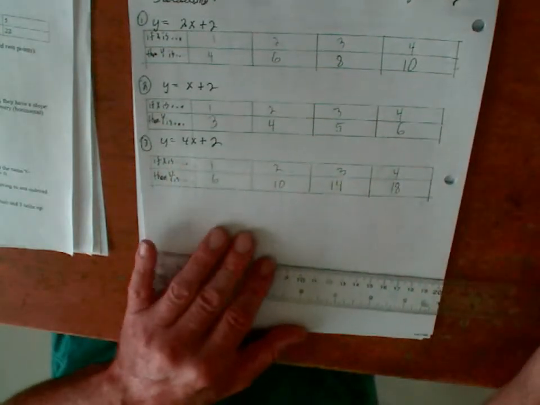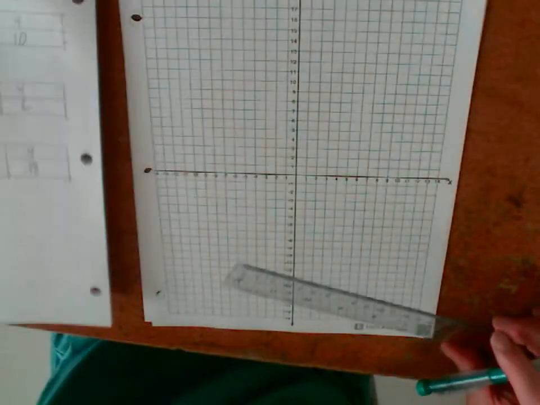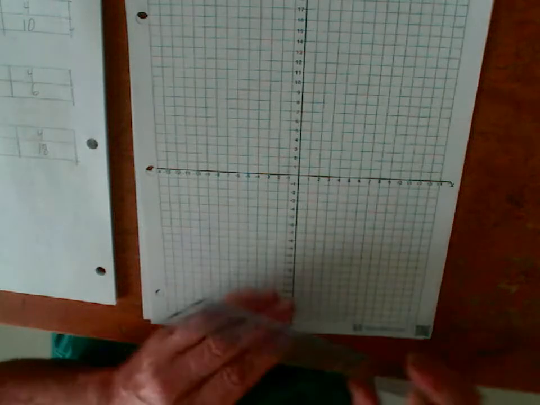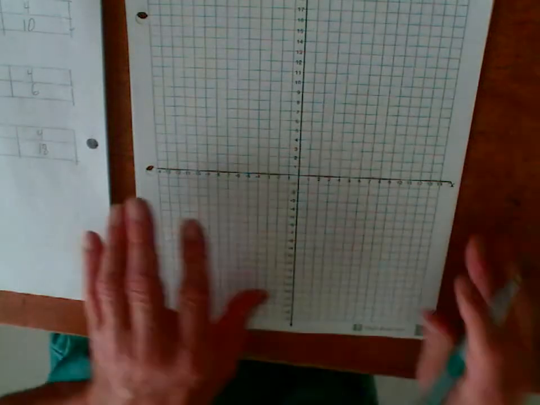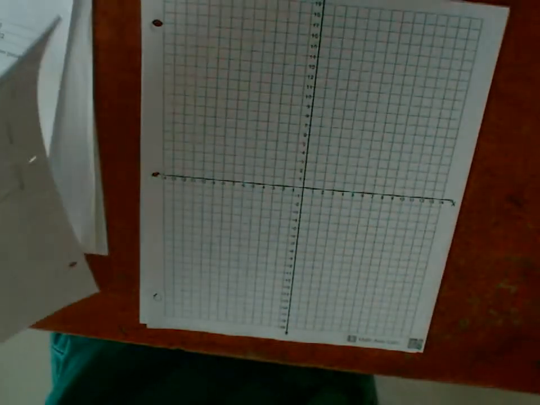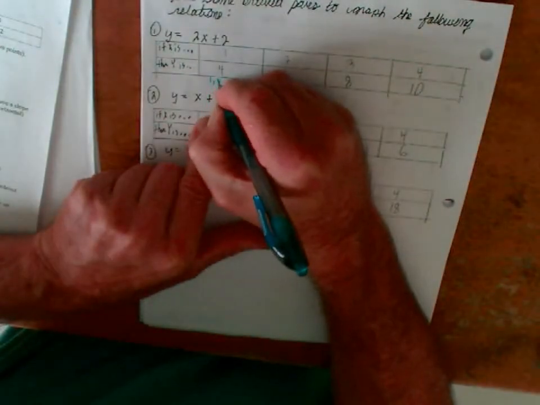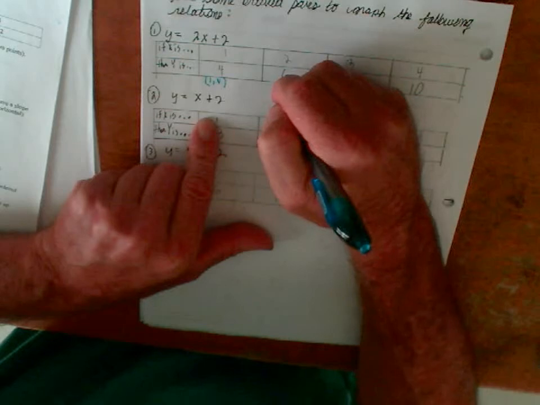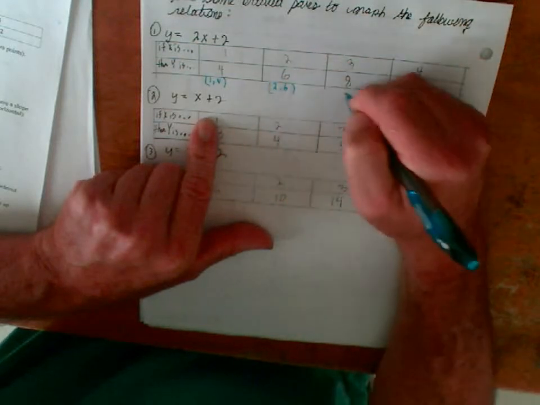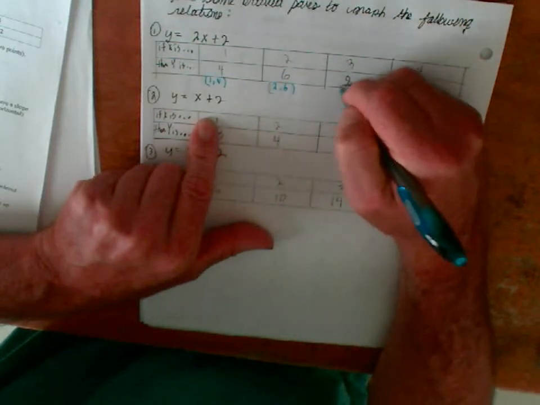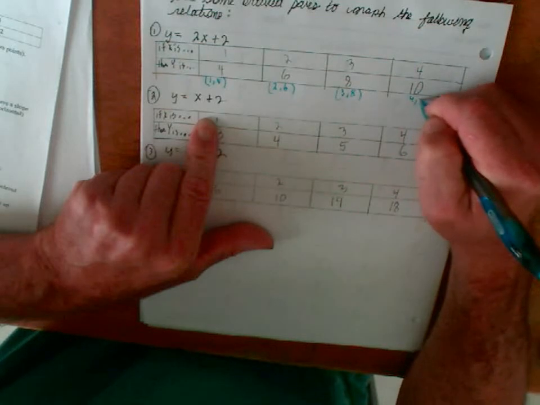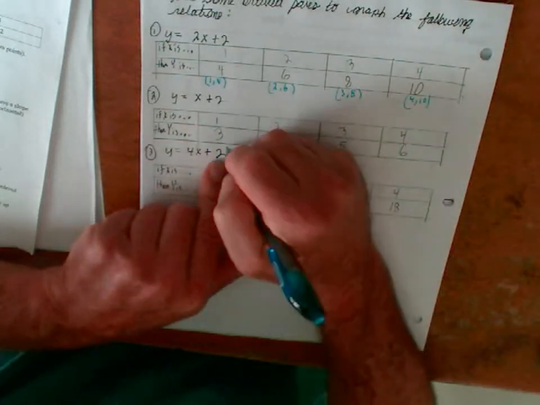Okay, so we're going to get a piece of graph paper out and then we're going to graph these. So there's my graph paper. Maybe I'll just write these as ordered pairs for you. So this will be 1, 4; 2, 6; 3, 8; and 4, 10.